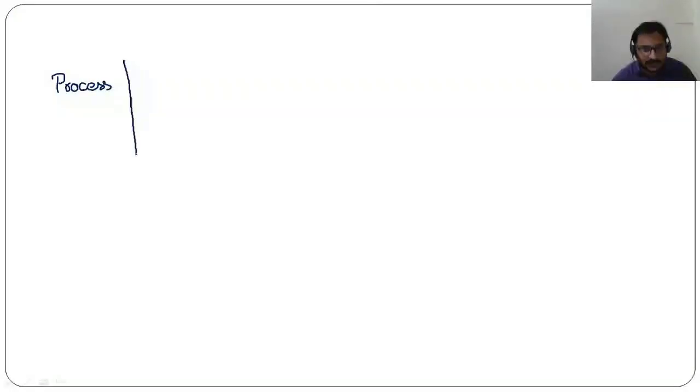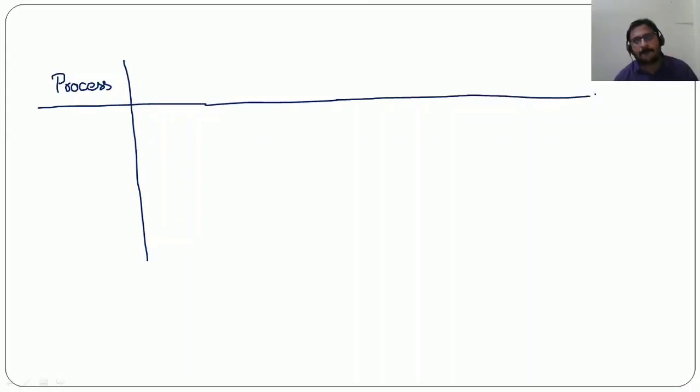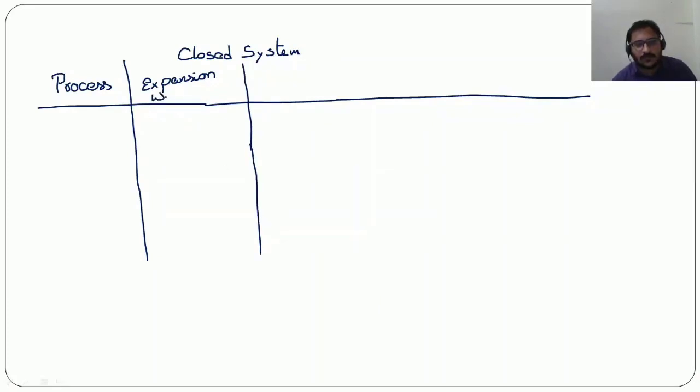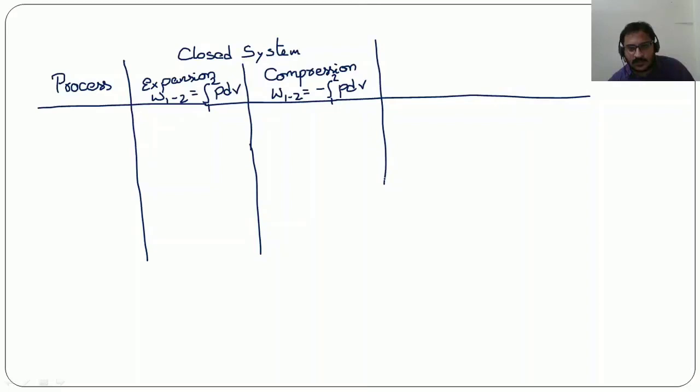Take the process here, closed system, expansion work: work done is integral PdV from 1 to 2, and if you take compression, work done is minus integral PdV. This is for closed system work done.